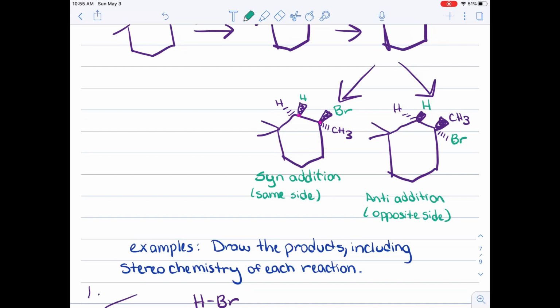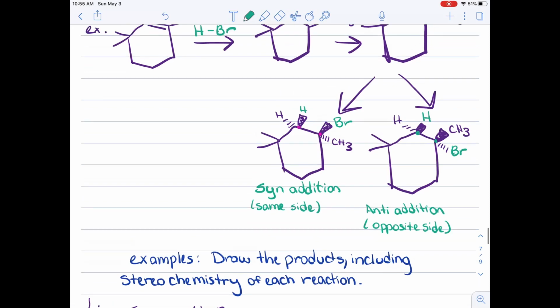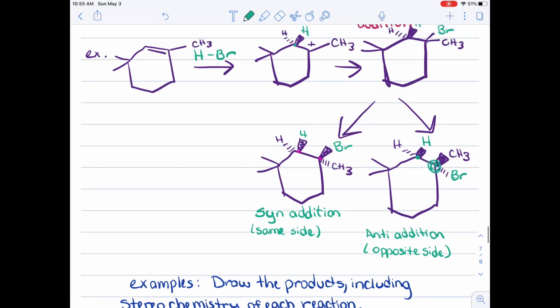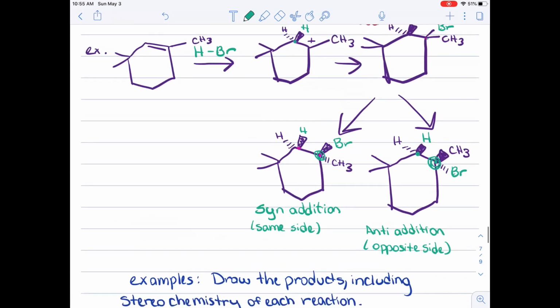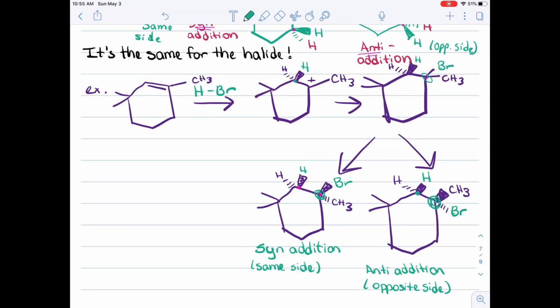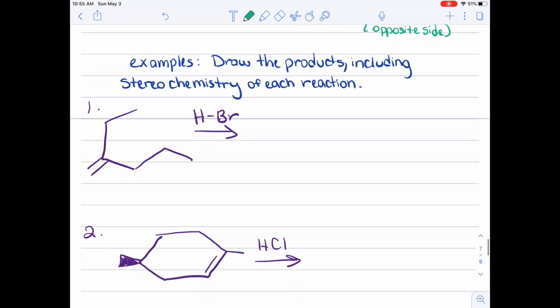You'll either have a syn addition, where hydrogen and bromine both do a front side attack on their carbons, or you can have an anti-addition, where hydrogen did a front side attack and bromine did a back side attack, or vice versa. Just note that a stereogenic center is formed right here, and that you have 2 enantiomers formed here as well.